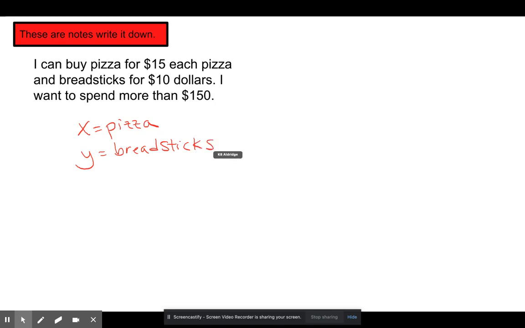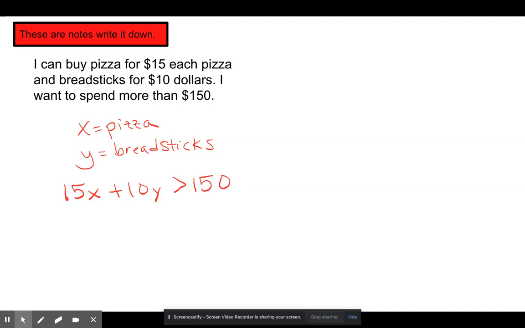Similarly to the last problem, it's $15 per pizza. It's also $10 per breadsticks. I want to spend more than, so that's going to be greater than $150. That's my inequality. Now I get to graph this out.